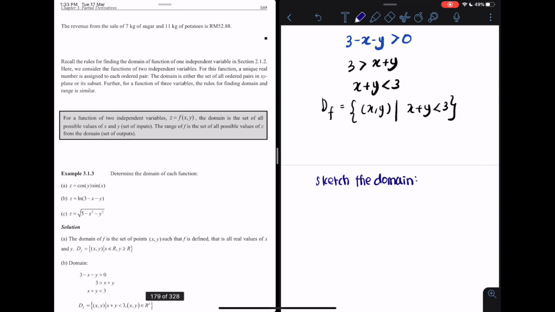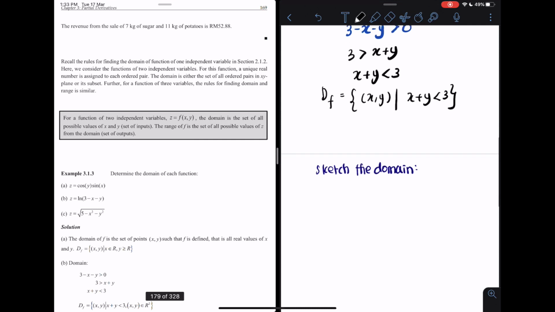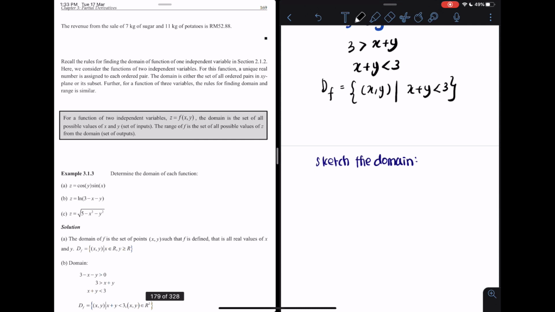When you see this kind of question, you have to sketch it in a two-dimensional coordinate system, because (x, y) is obviously in a two-dimensional coordinate system. So you have to sketch variable y and variable x.